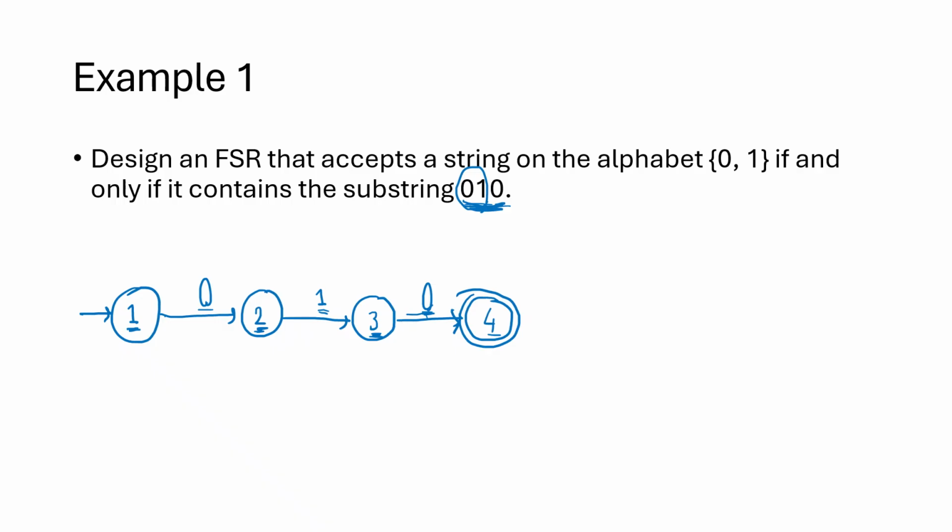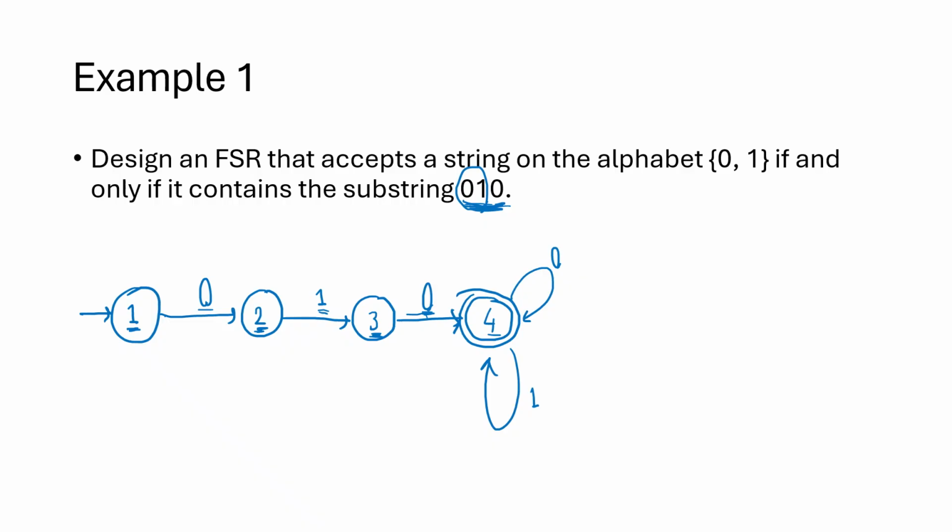The machine is going to accept the string no matter what comes next. So if we are at 4 and we read a 0, we are going to stay at 4 because still the string contains 0, 1, 0. That is already established. What follows is not going to change the fact that 0, 1, 0 has already occurred once in the string. And similarly, if we are at the state 4 and the next symbol that we see is a 1, we are going to stay at state number 4.